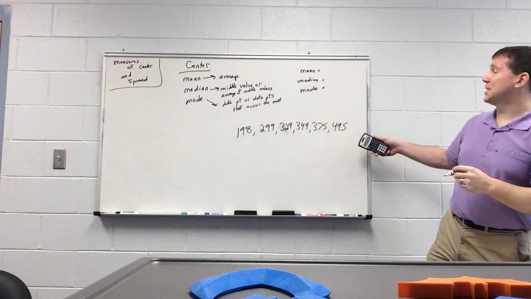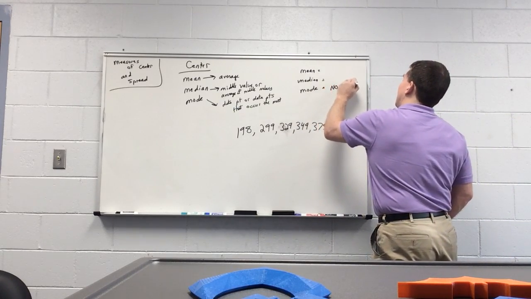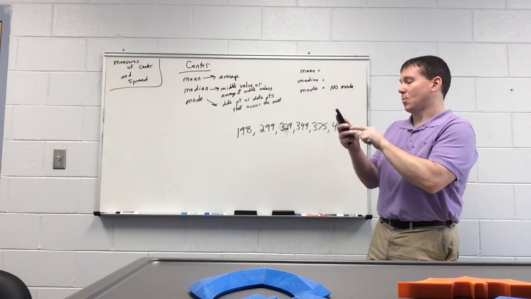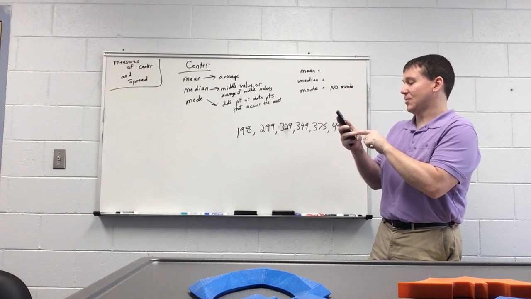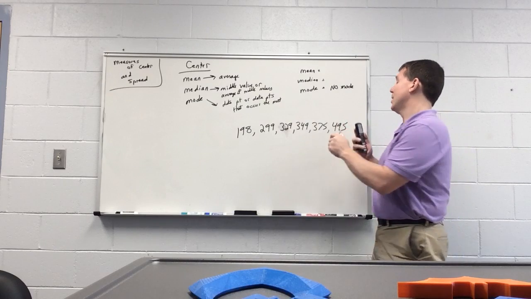By the way, all 6 of those are different, so we know there's no mode again. Find the mean. I add them all up. 198 plus 299 plus 329 plus 349 plus 375 plus 495 equals 2045.